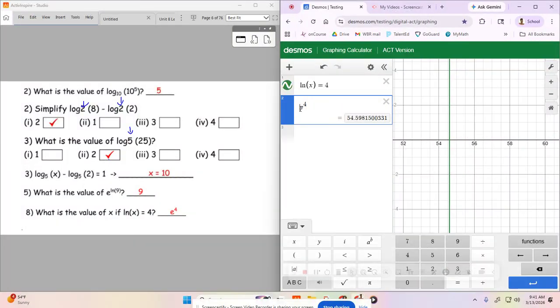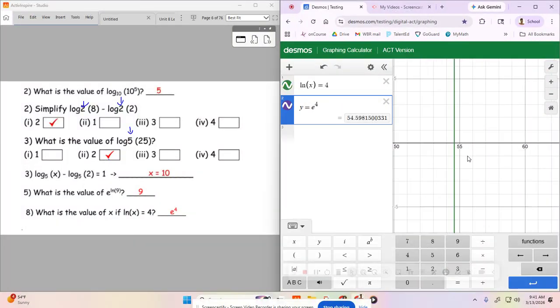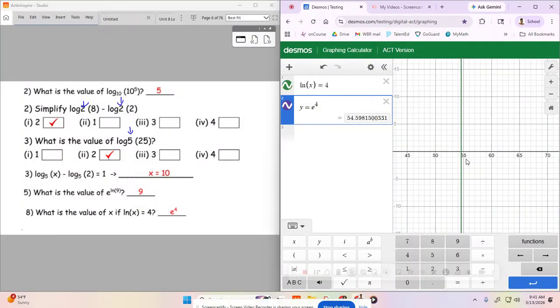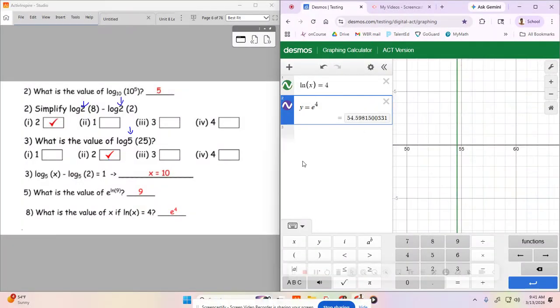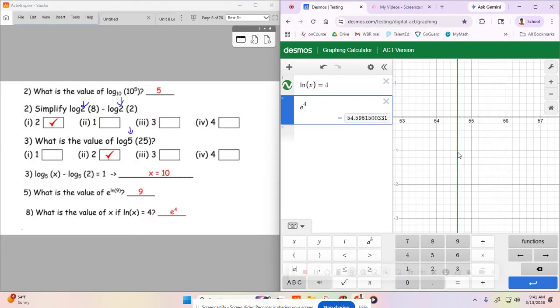You can tell from the graph that it is a little bit more than 54 and a half. So either the 4 would have been the right choice.